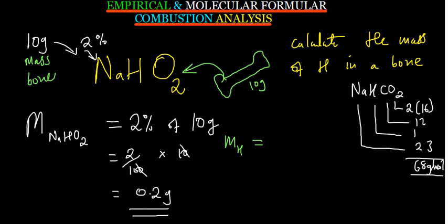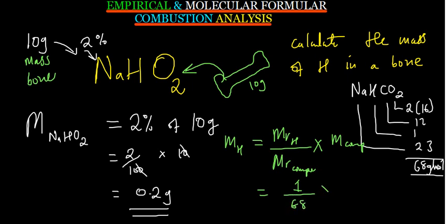The mass of hydrogen in the bone is going to be the molar mass of hydrogen in this compound divided by the molar mass of the whole compound, and then multiplied by the mass of the compound. That is how we're going to find the mass of hydrogen. So the molar mass of hydrogen in this compound is only 1 gram per mole. The molar mass of the whole compound is 68, times the mass of the whole compound, which is 0.2 grams, right?